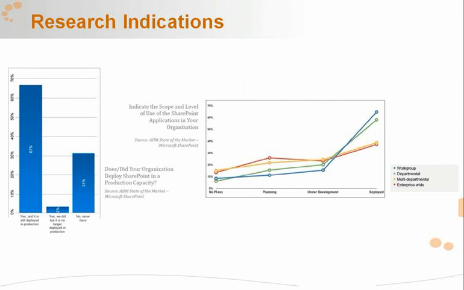So it says yes, people are using it, up to 67%. 2% of users say yes, it is procured, but it is no longer being used or deployed. And 31% say no, we haven't, but it is deployed for sure. So we were not able to ensure that user adaptability was in place or not. As a result, 31% of the users, even though they have SharePoint, are not using it.